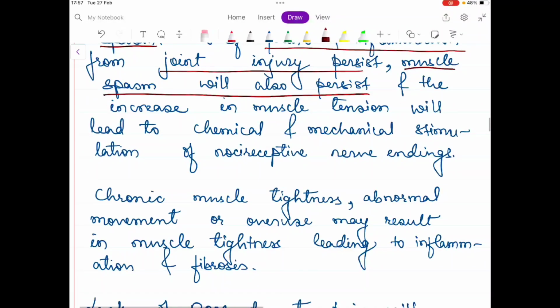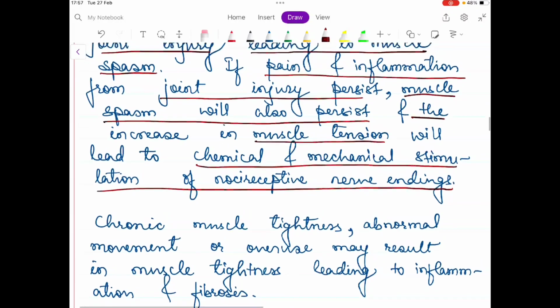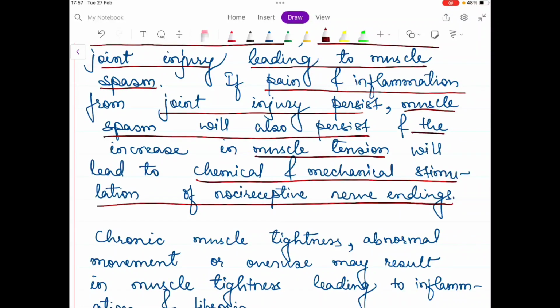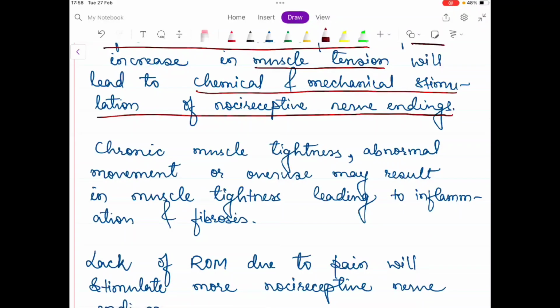The increase in muscle tension will lead to chemical and mechanical stimulation of the nociceptive nerve endings. So the patient will feel more pain.